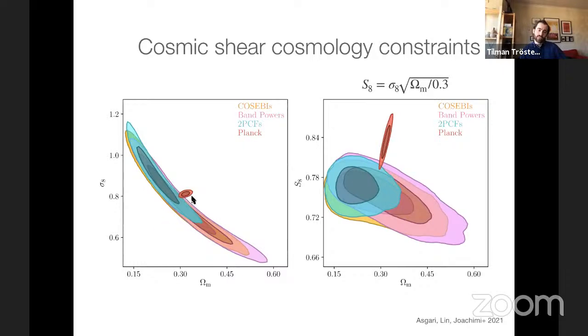But across the degeneracy, there's a parameter called S8. There we have quite good constraints. What's shown here is the constraints from our 3 estimators. We have the correlation functions in cyan, the COSEBIs in orange, and the band powers in pink.